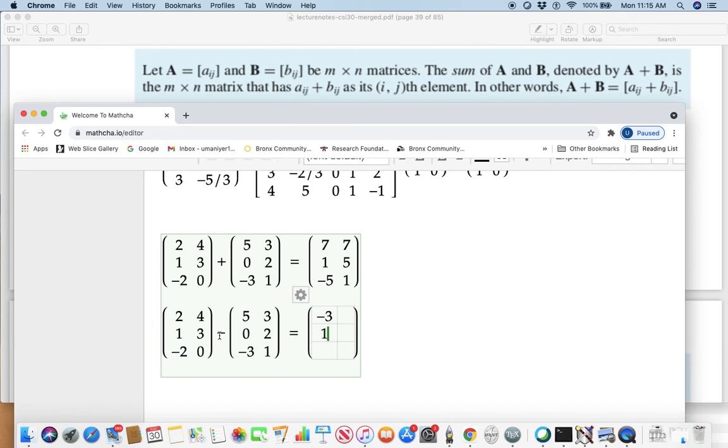Negative 2 minus 3, negative 5. 4 minus 3, positive 1. 3 minus 2, positive 1. 0 minus 1, negative 1. So that's how you subtract matrices. The result is a matrix of the same size.